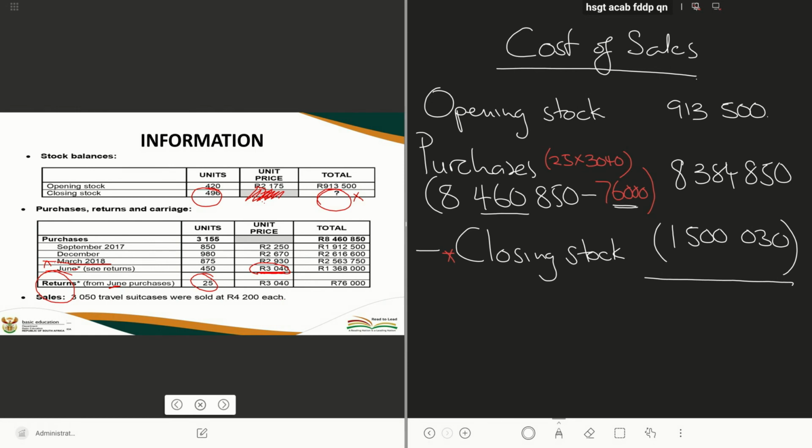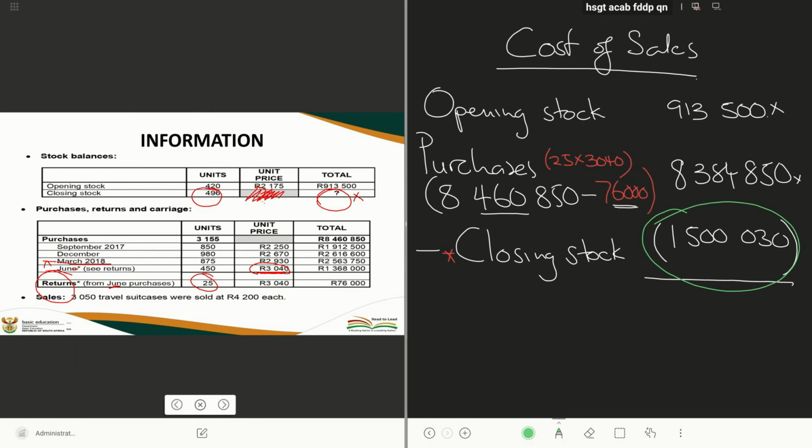You're going to say 913,500, which is this one. Then you're going to say plus, you're adding 8 million, okay, 8,384,850, all right? And then remember now to subtract. What are you subtracting? You're subtracting your closing stock.